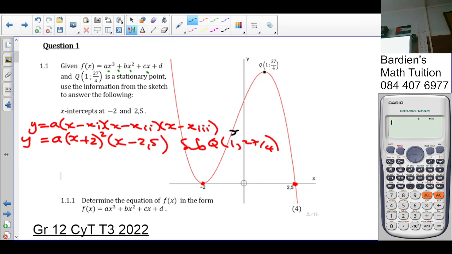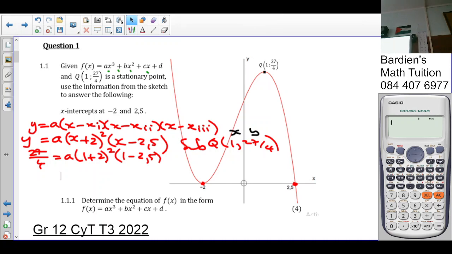Remembering this is x and y here. So that is going to be 27/4 is equal to a into 1 plus 2 squared into 1 minus 2.5. Now 1 plus 2 squared is 3, and 3 times 1 minus 2.5, which is negative 1.5, né?